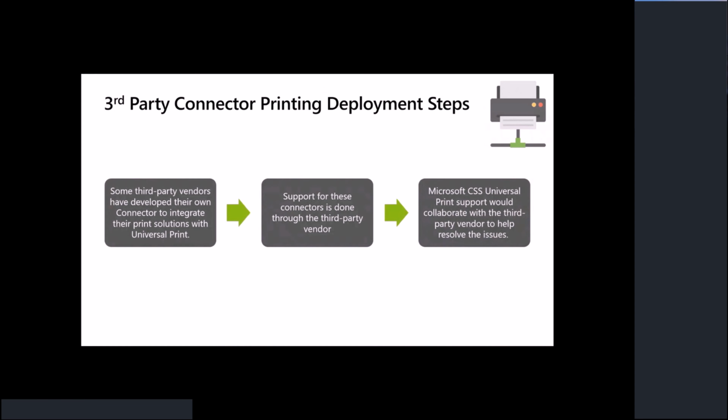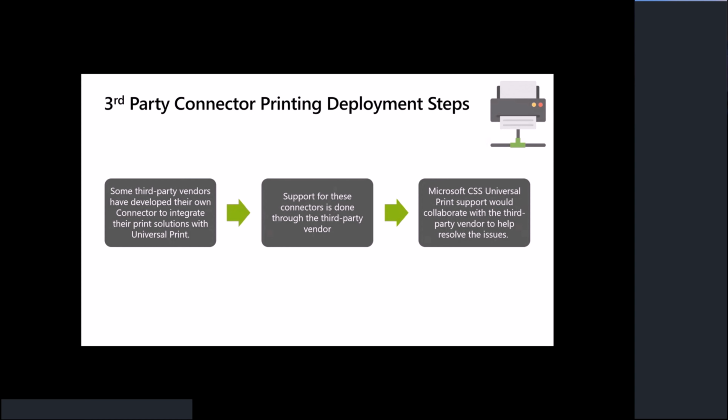Next slide. Now, a third-party connector, they may have their own process, but essentially they do the same thing. You install the connector on a particular machine that has the local printers, or however they're going to do it. PaperCut has a follow me queue, in which case it does that.